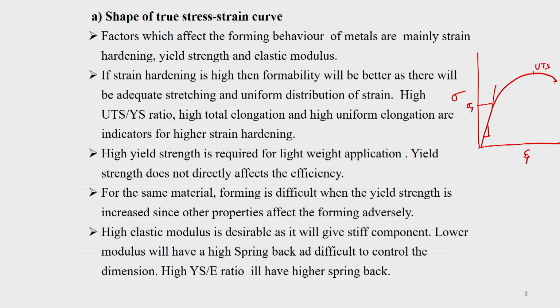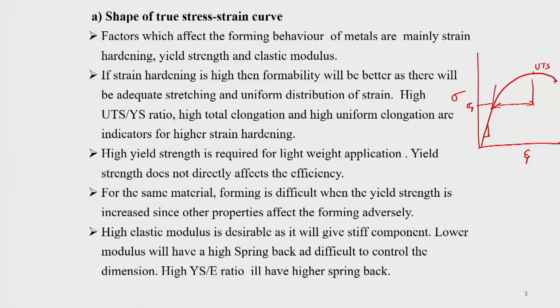From here to here, the material is in the work hardening region. This is the uniform deformation region, and from the yield point to the ultimate tensile strength, how much stress increase is possible, and what is the strain during that period.